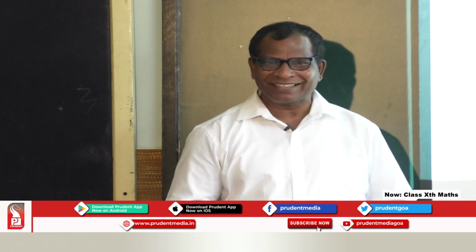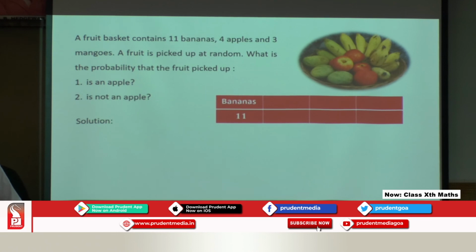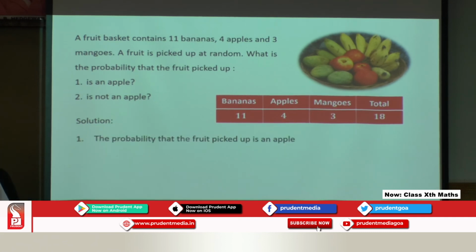Come on. We have 11 bananas, 4 apples, 3 mangoes. Total number of fruits is 18. The probability that the fruit picked up is an apple equals 4 upon 18.